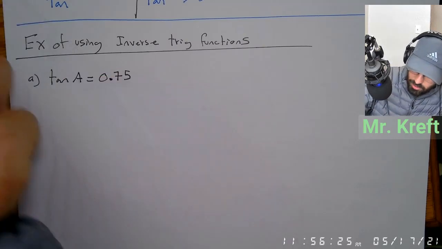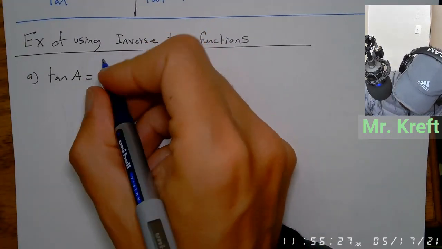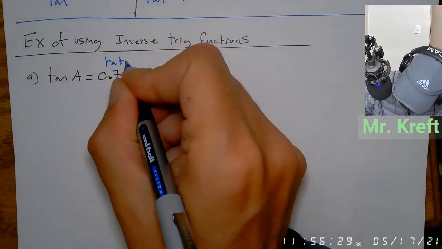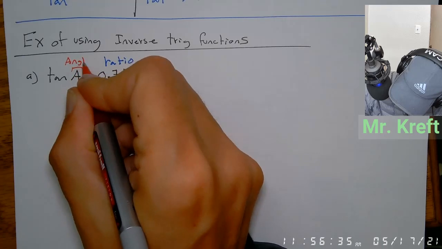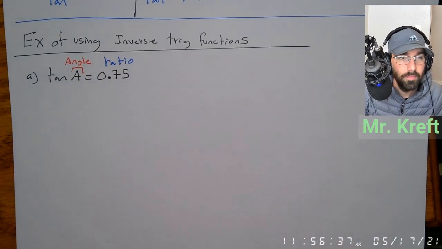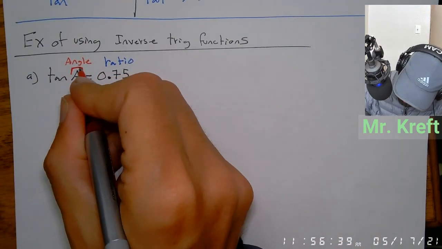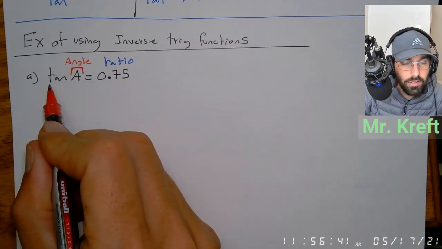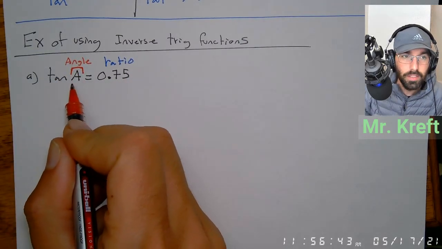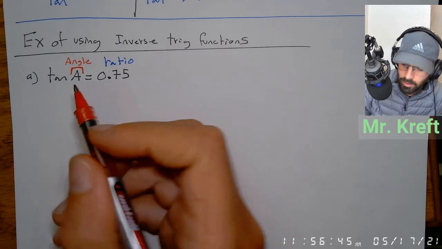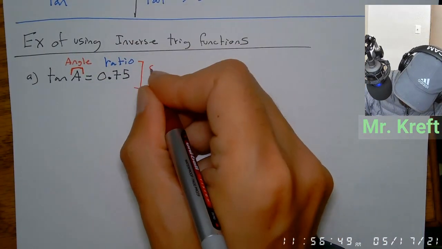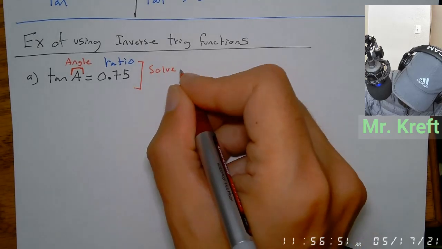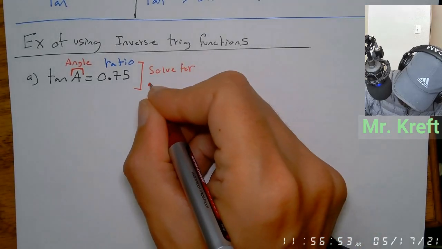So we have tangent of A, and I really want you to write this down: this is our ratio, and this is our angle. So we have tangent of an angle equals a ratio, and what we want to do is solve for angle A.